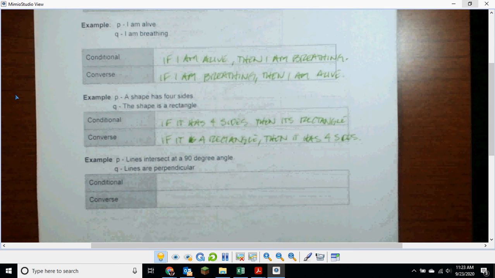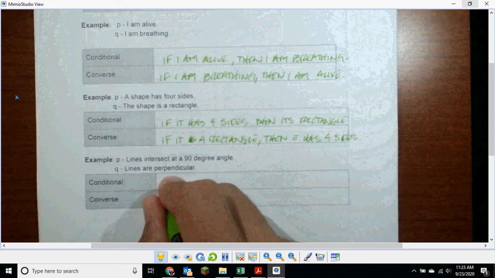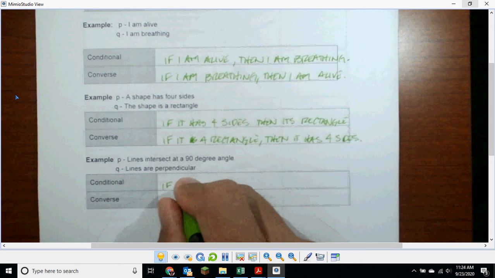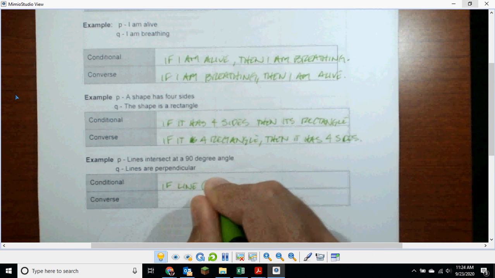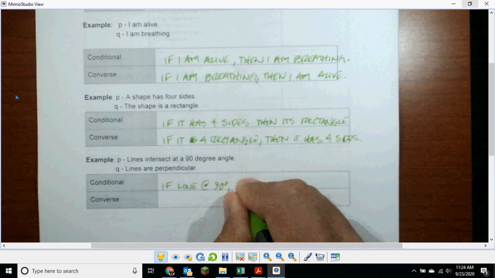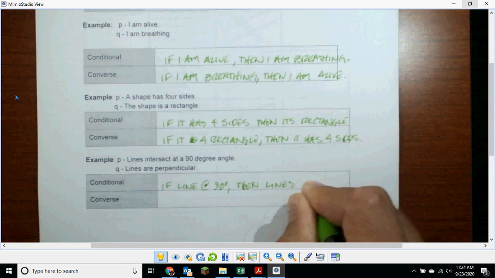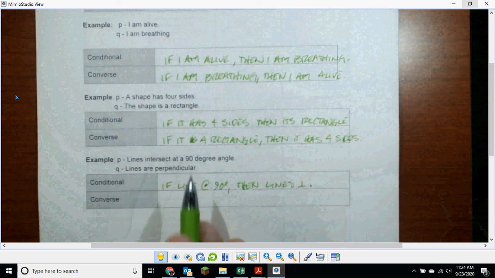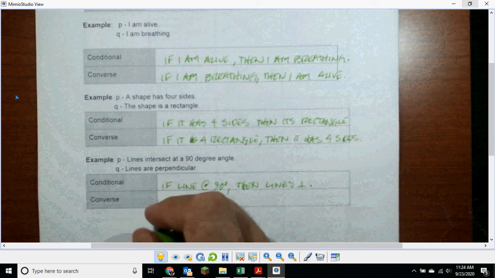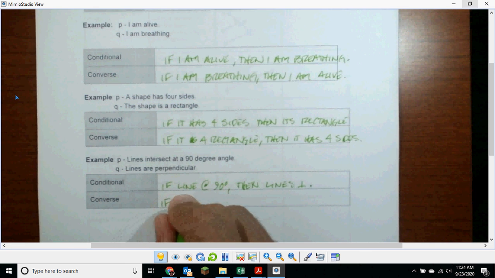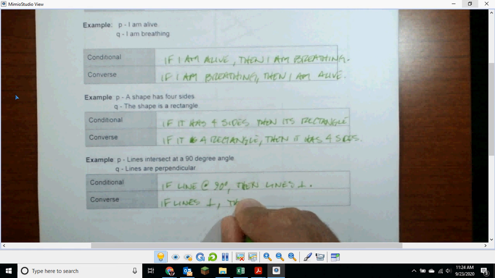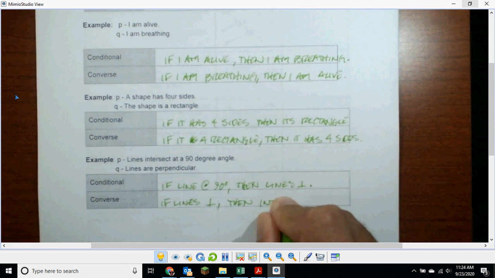All right, let's look at the last one. If lines intersect at 90 degrees, then the lines are perpendicular. The converse is if lines are perpendicular, then they intersect at 90 degrees.